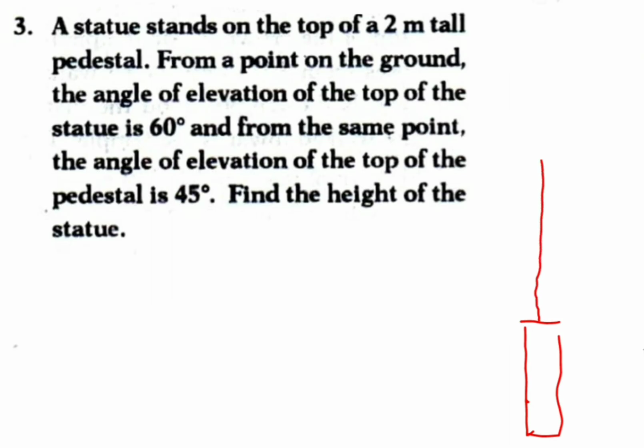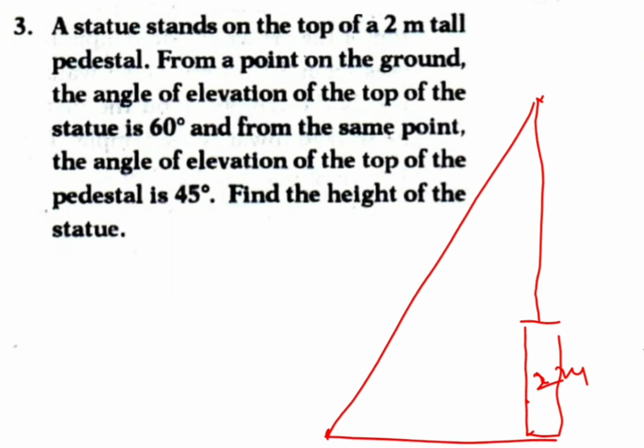Now the angle of elevation of the top of the statue is 60 degrees. And the angle of elevation of the top of the pedestal is 45 degrees. Find the height of the statue.